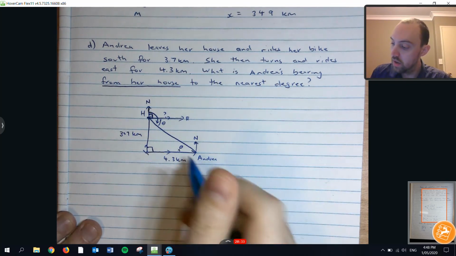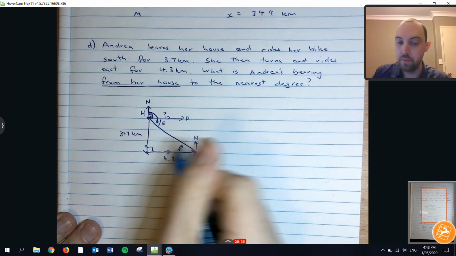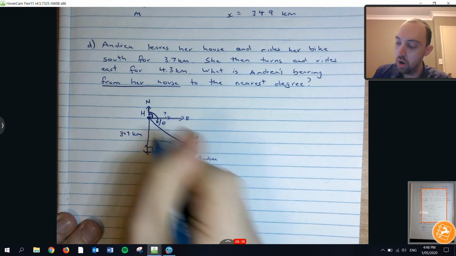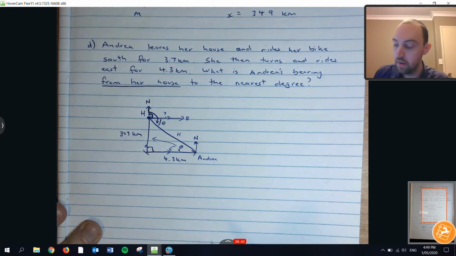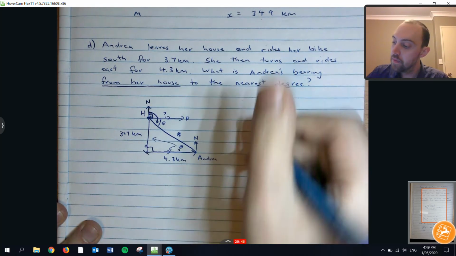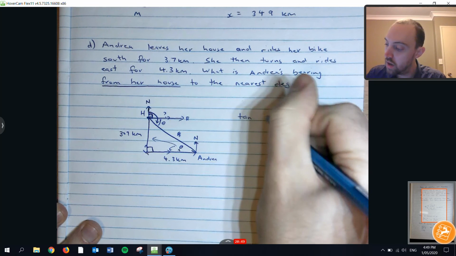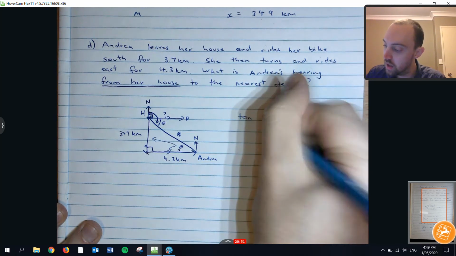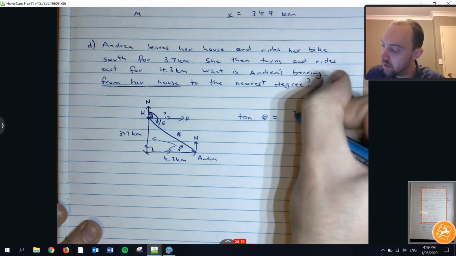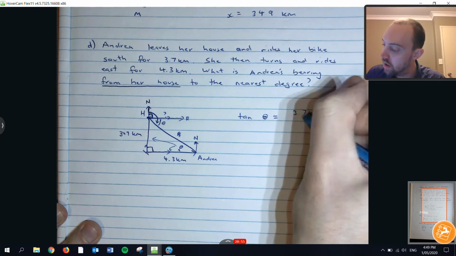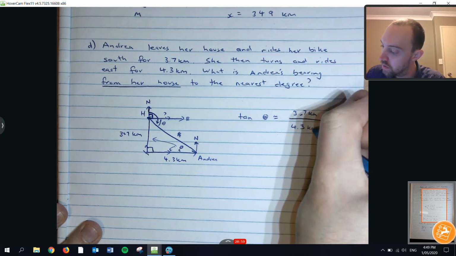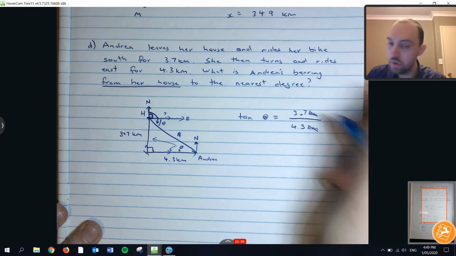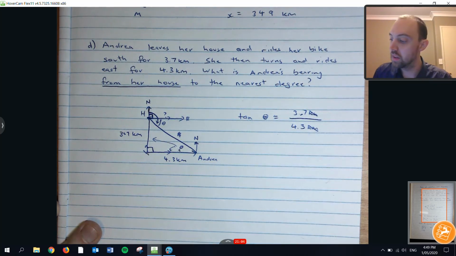So, how do we find out theta? Well, we've got a 90 degree angle triangle, opposite and adjacent, because this is my hypotenuse up here. I don't want to double up the h's, otherwise it's going to get confusing. So, tan of theta, which I am trying to find, is opposite 3.7 kilometers over adjacent 4.3 kilometers. Probably don't need the units there, but not a big deal.